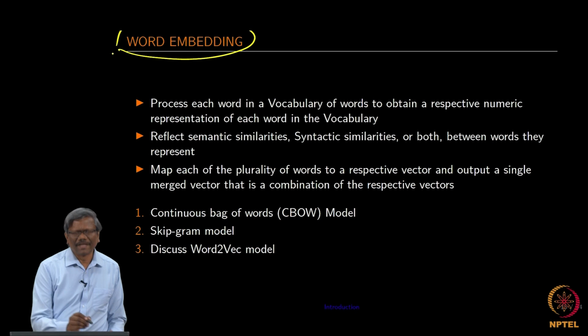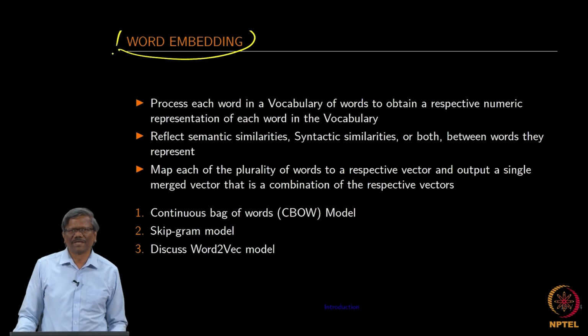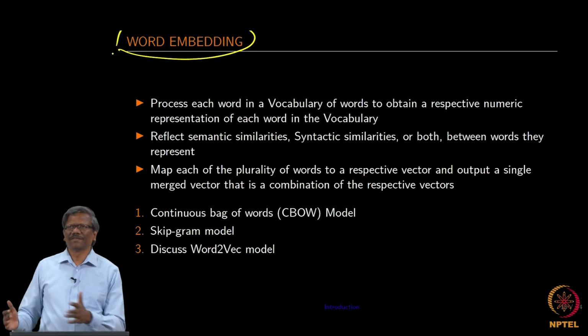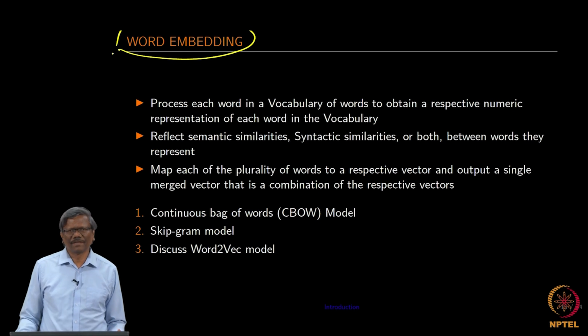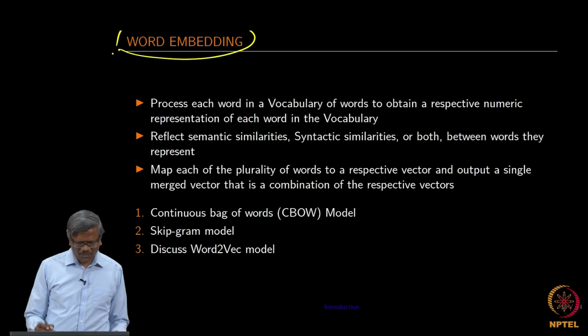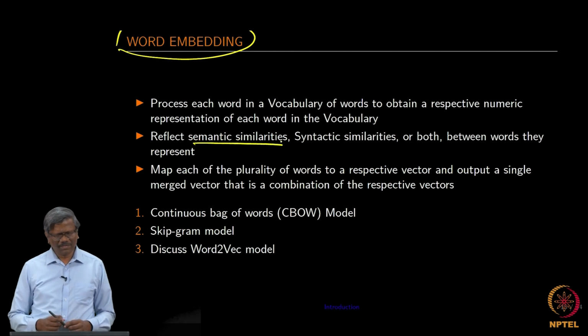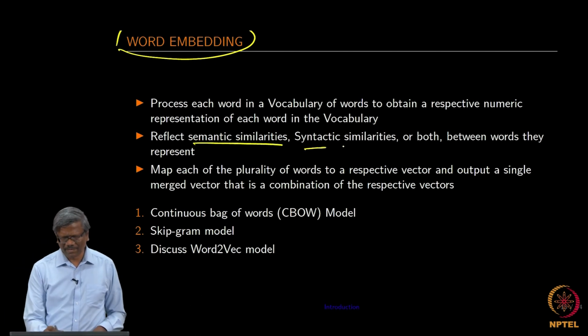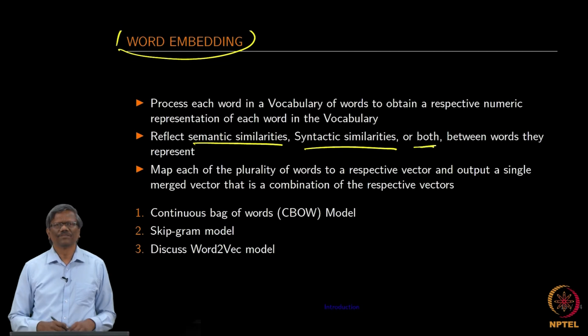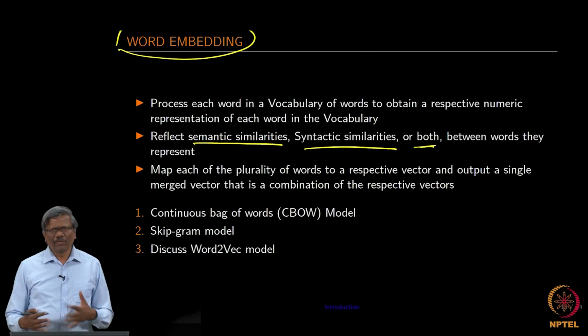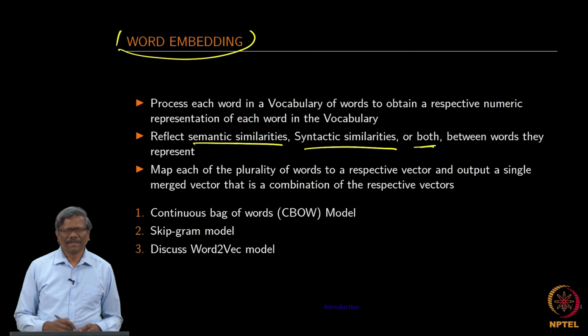So, we start creating the dense vectors using neural network as well, using certain pattern that we provide as input. So, using which we would be able to find semantic similarities, syntactic similarities, or both. So, how do we do that is something that we talk about.